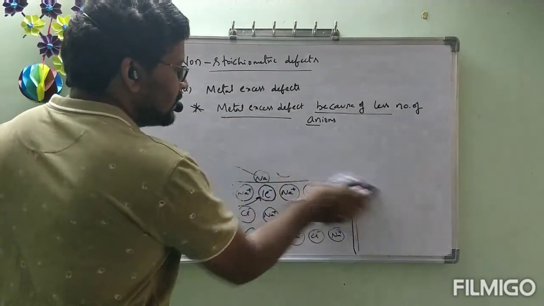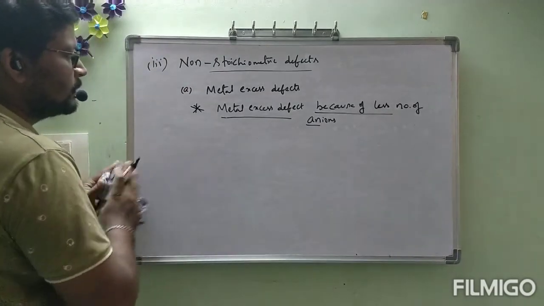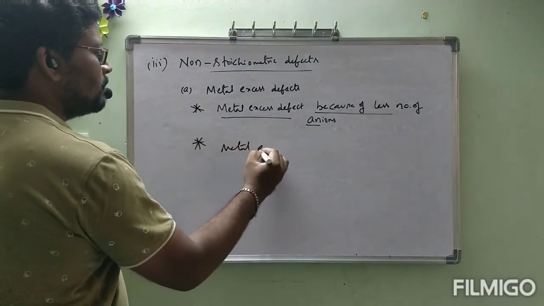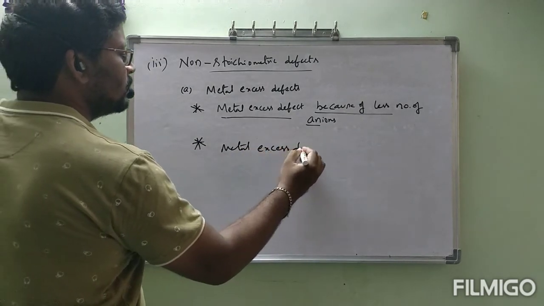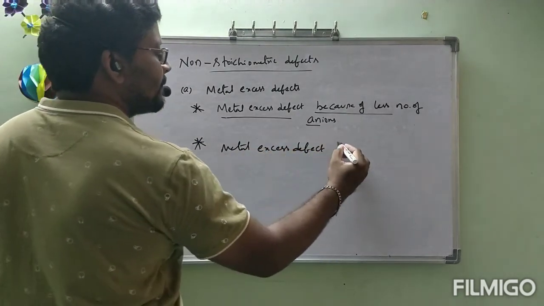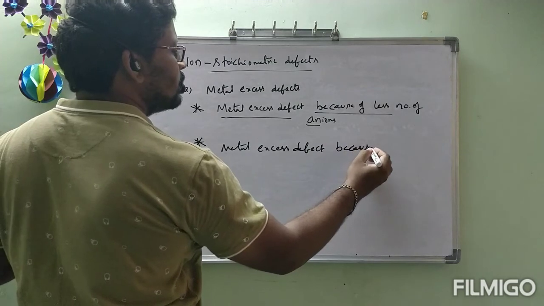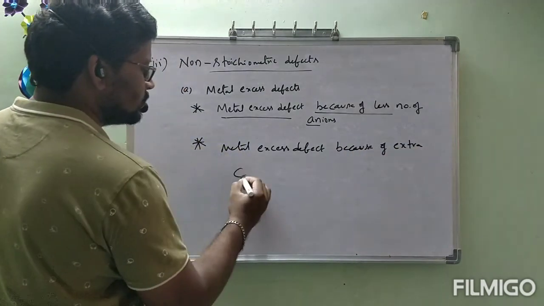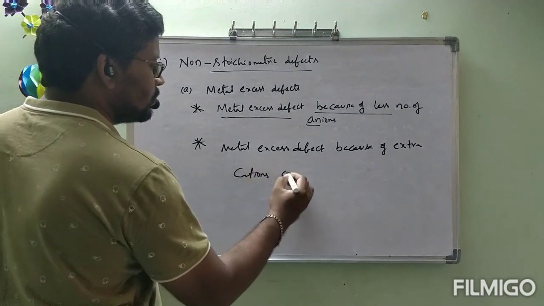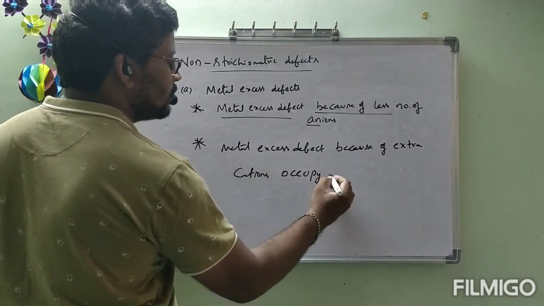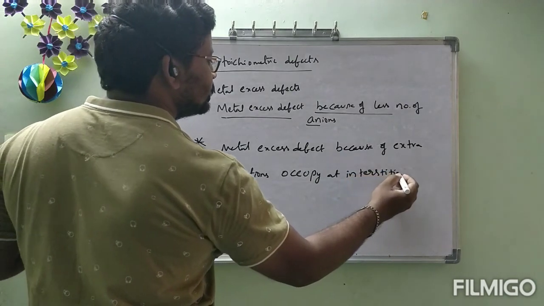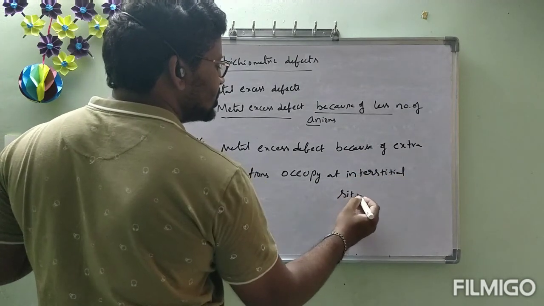Another type is metal excess defect because of extra cations occupying interstitial positions, interstitial sites.